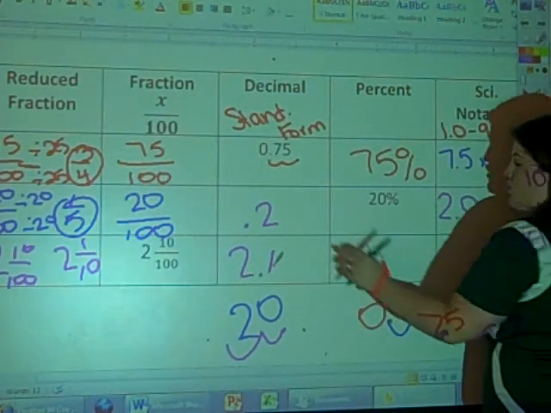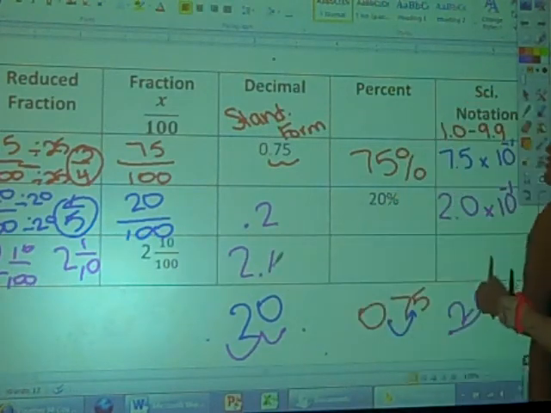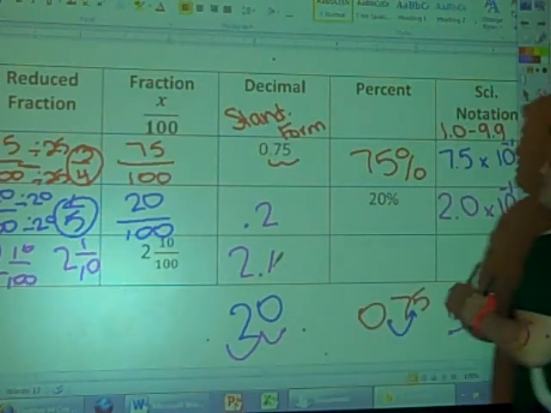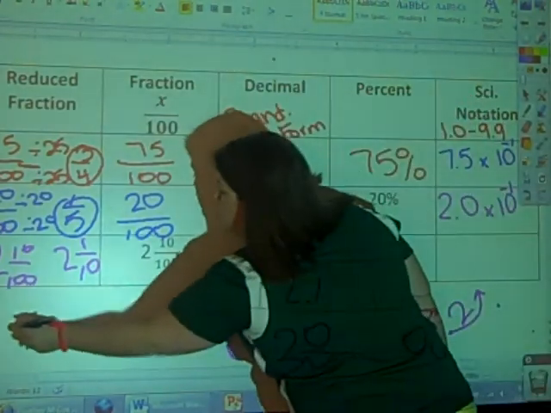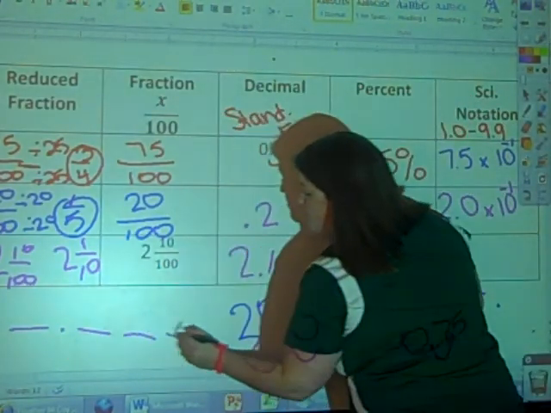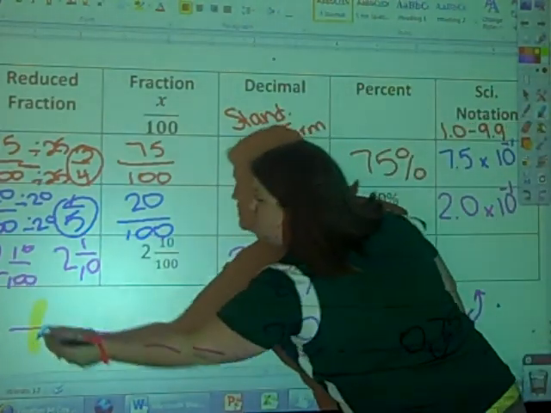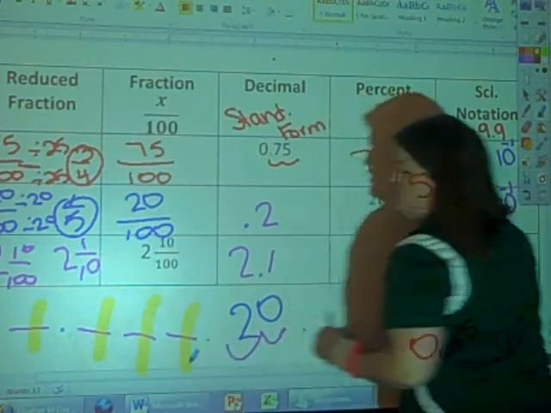I could have had 2.10 because that would be 10 100ths, but let's take it from the reduced form. So 2 and 1/10. This is the tenths. Don't forget that when you have them, this is our ones, our tenths, our hundredths, our thousandths.